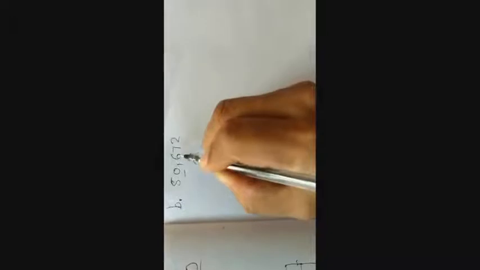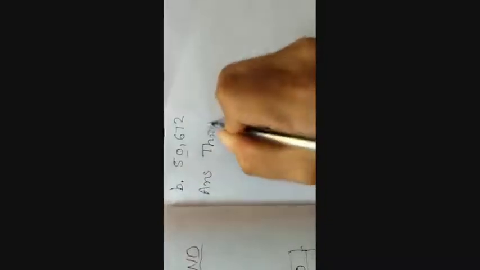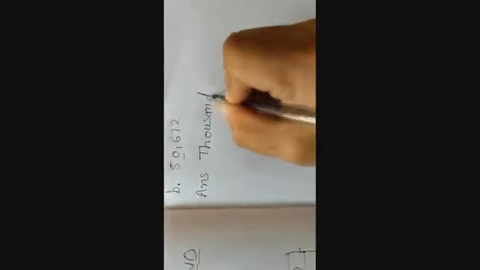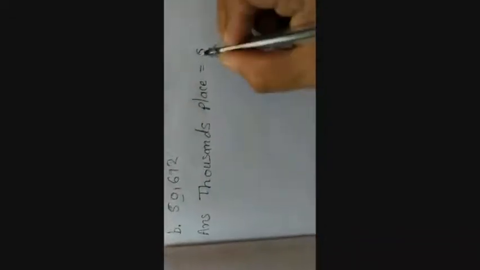Ones, tens, hundreds, thousands and 10,000. So 0 is in which place? Thousands place is there. So we have to write the answer. Thousands place is equal to 0.